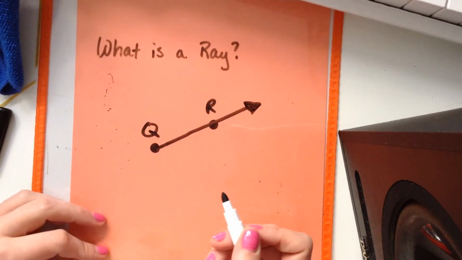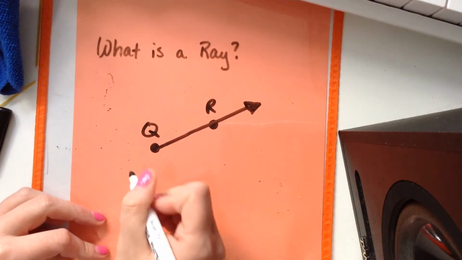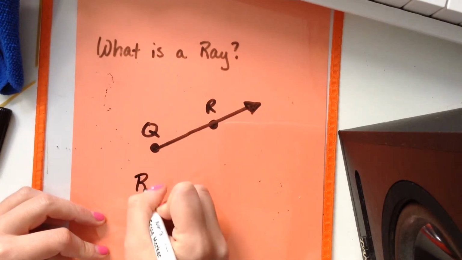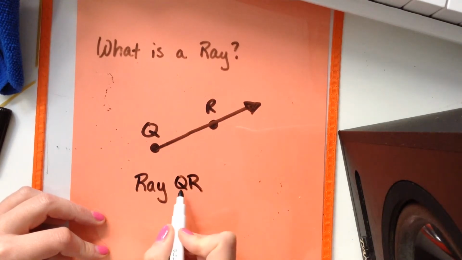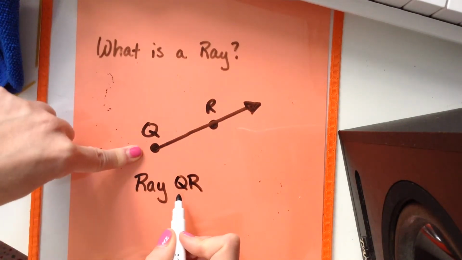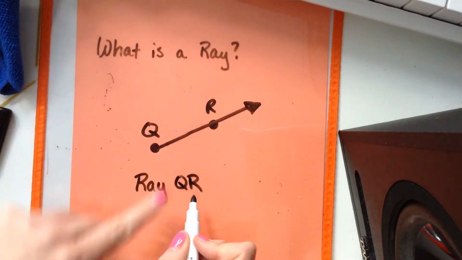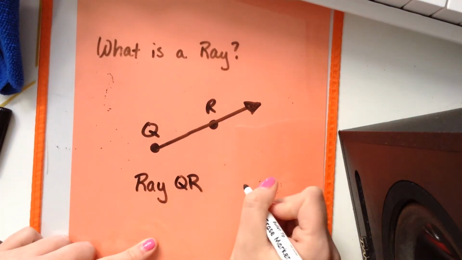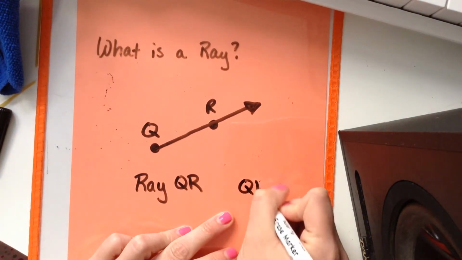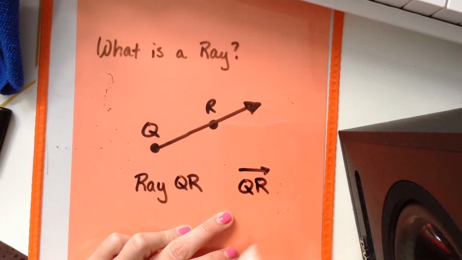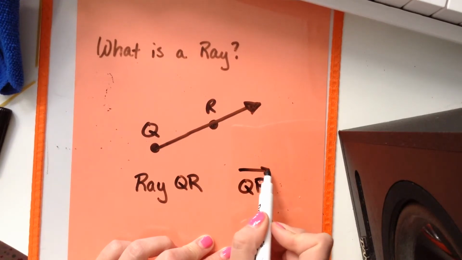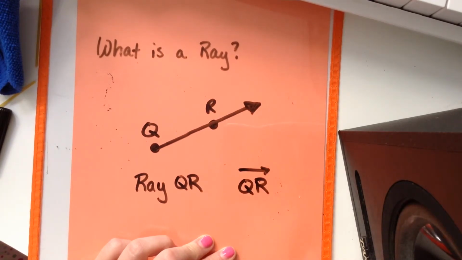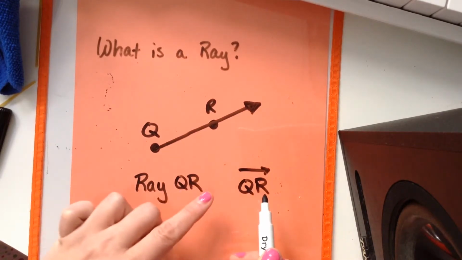If you're going to write this down on your paper, we would say ray QR. Why are we starting with Q? There's the endpoint, and there's the point it's going through. So ray QR. We'd also write it as QR with a little segment on top with the arrow pointing that it goes on in that direction forever and ever. Well, what about RQ?